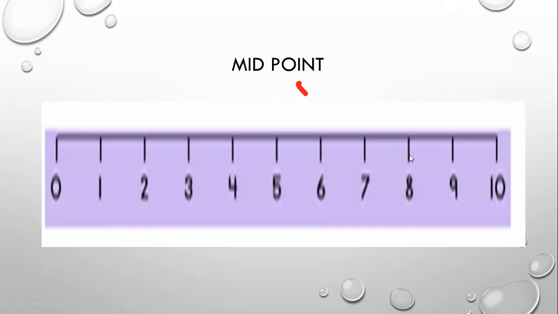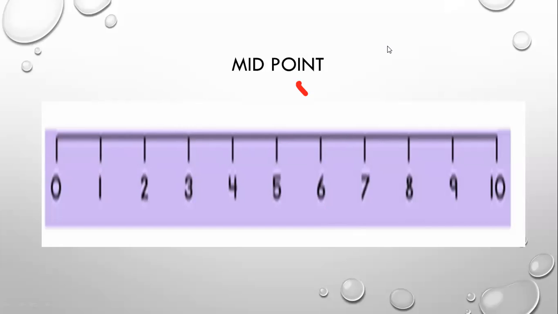So this is our first decade. You have to find the midpoint of this decade. So in this row, we have 0, 1, 2, 3, 4, 5, 6, 7, 8, 9, 10. What is the midpoint of these numbers?